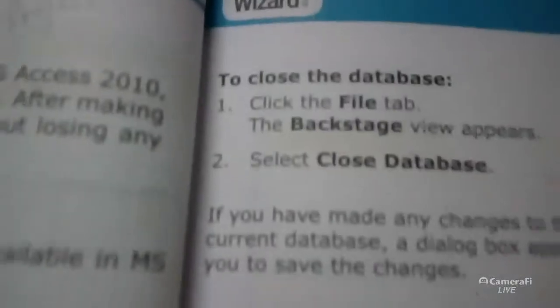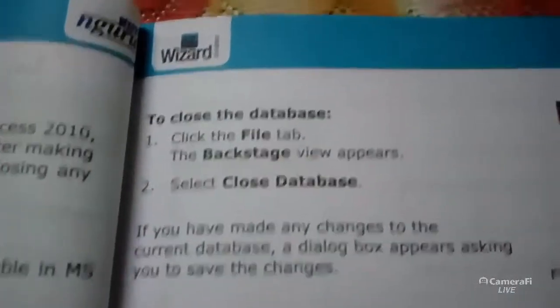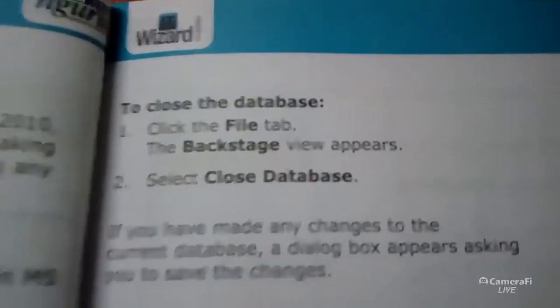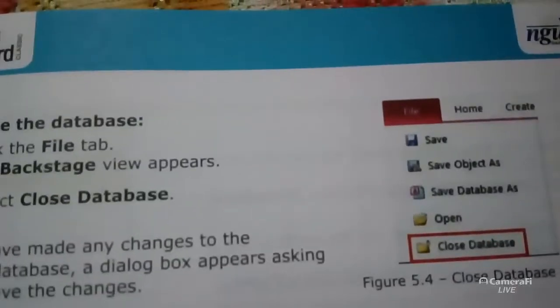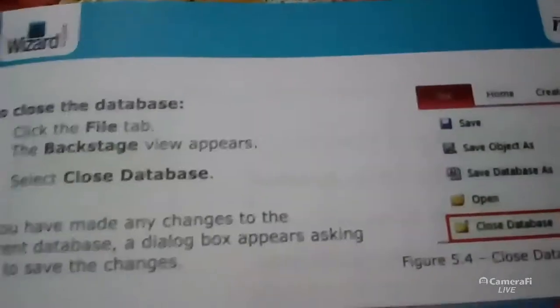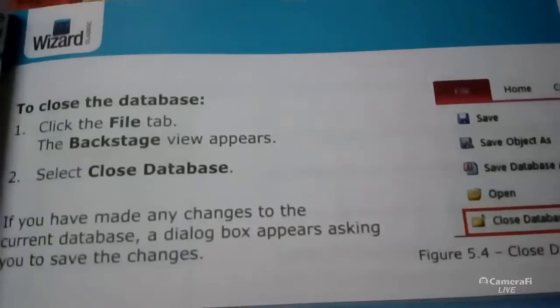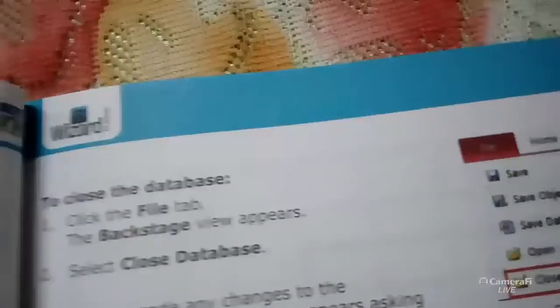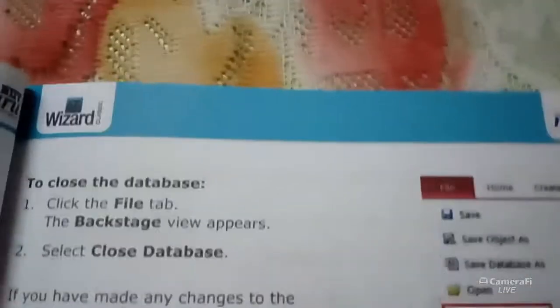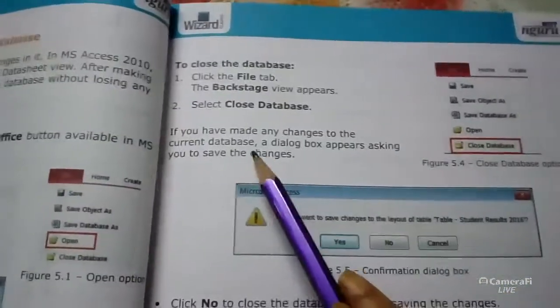And then how to close? After modification, you have to close the database. Go to the File tab, and then the backstage view will appear, and then select Close Database.